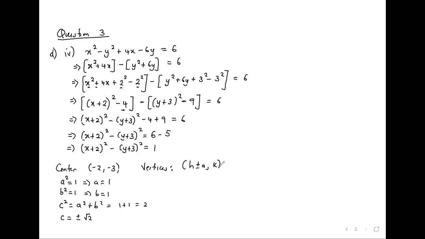Now in this case, we'll have h, that is −2, plus or minus a, which is 1, comma k, which is −3. Simply telling us that what we have here is (−3, −3) or (−1, −3). These two.